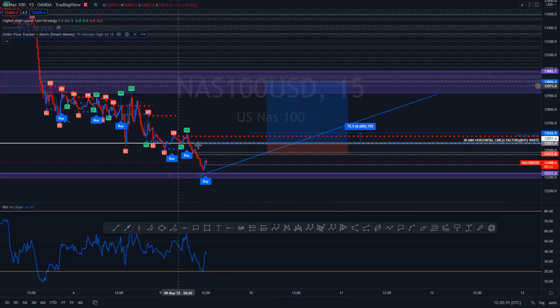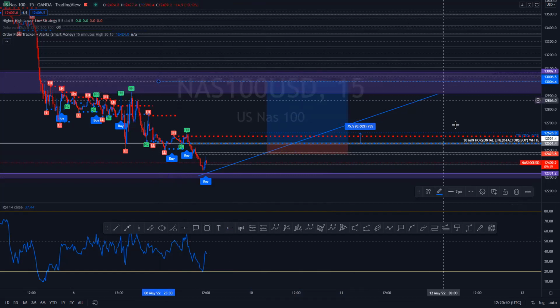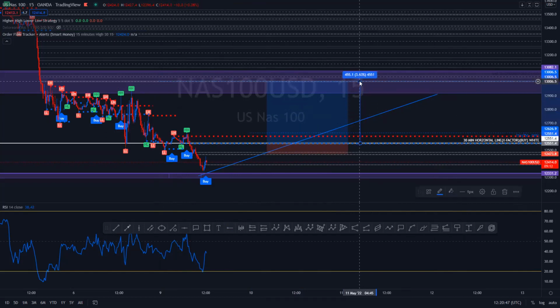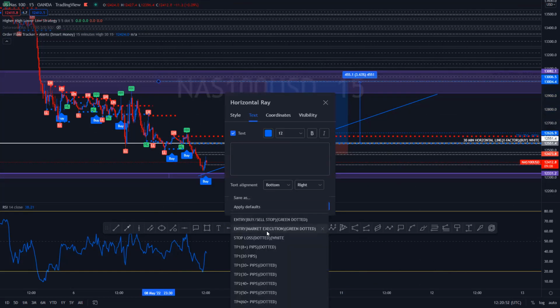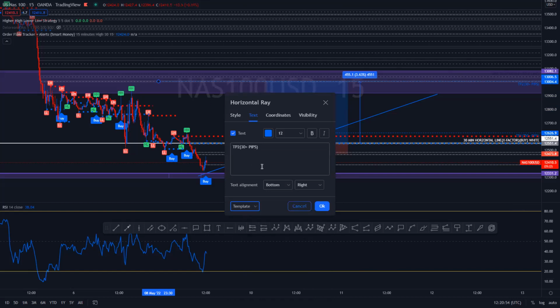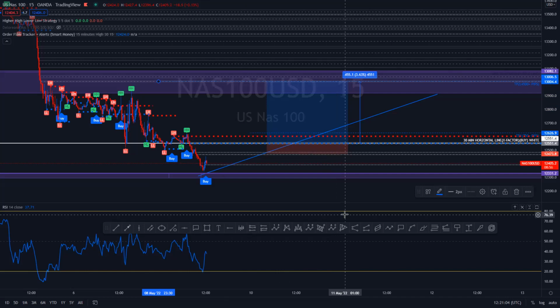If that's the case, I'm looking at this as TP2, and that would be 4,500 plus pips. That's what I'll be looking for as far as the buy. If the price crosses this and closes above, then I'm definitely buying.